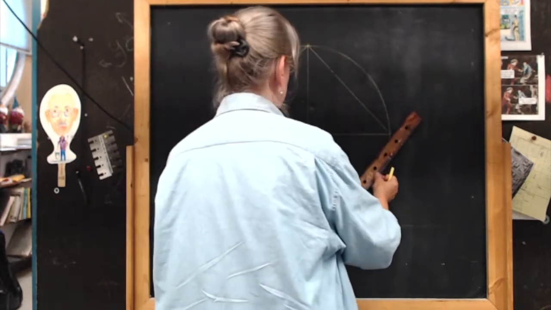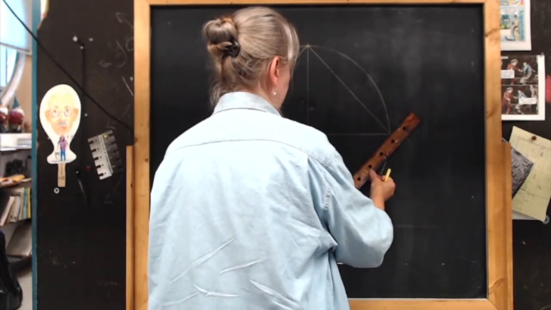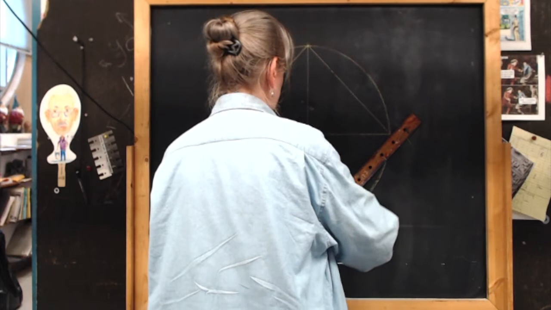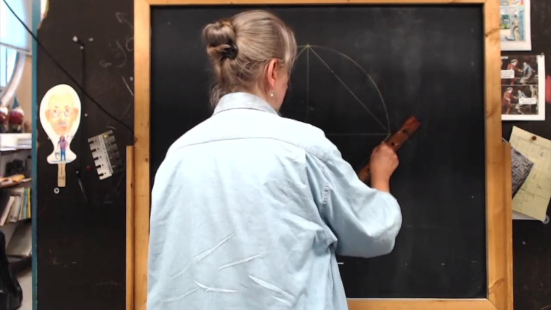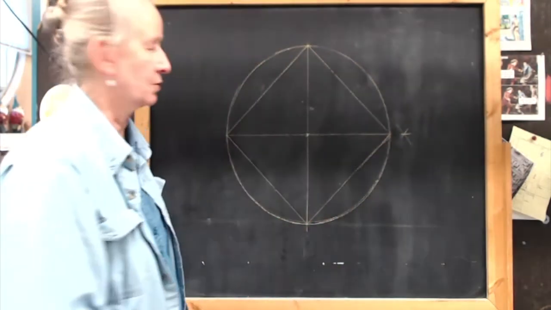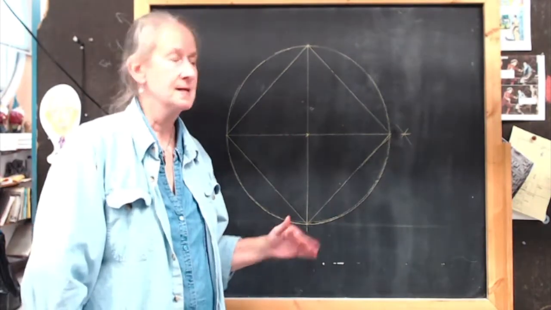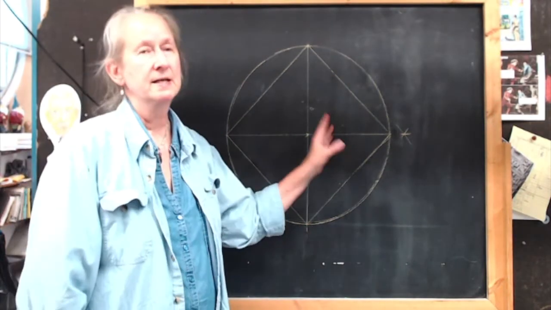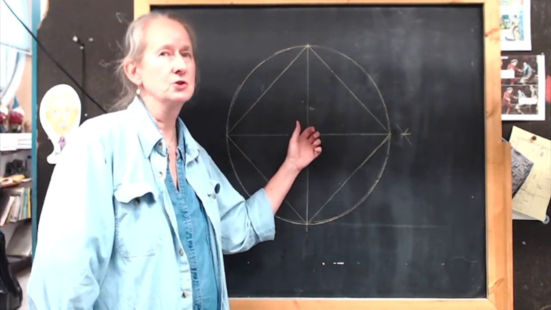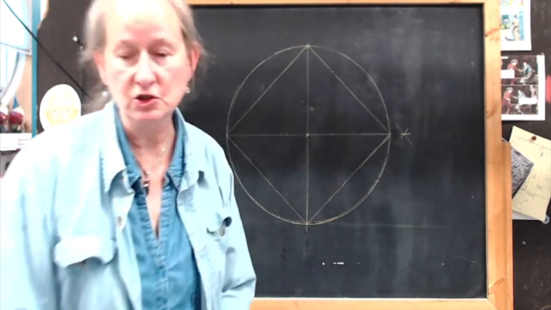We can actually draw a perfect square, right? So understanding this is important because I want you to understand how we can actually use a circle to create a lot of other geometric shapes.